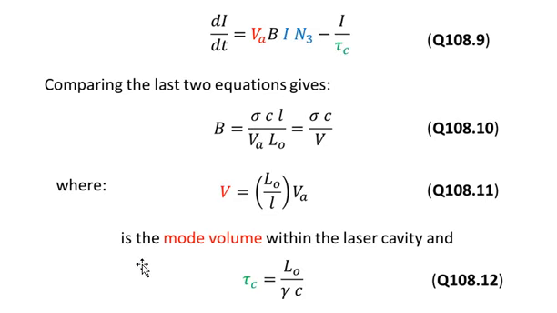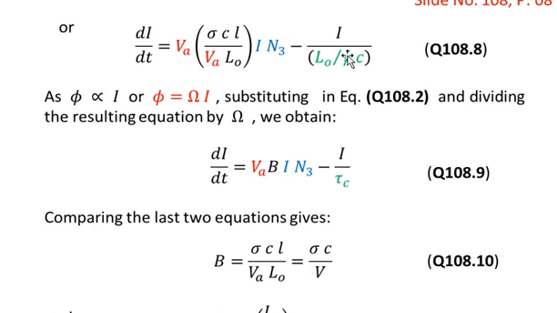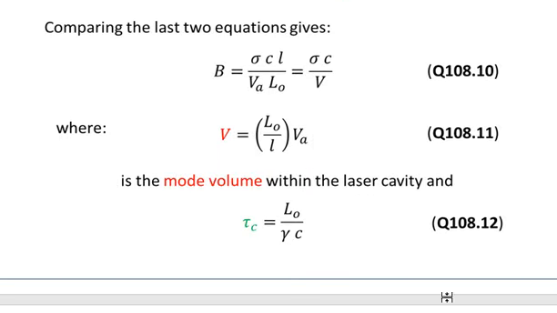This capital V can be labeled as the mode volume within the laser cavity. By comparing the last terms of equations number 8 and 9, we can also immediately find the value of tau c, which is tau c equal to L naught over gamma C.